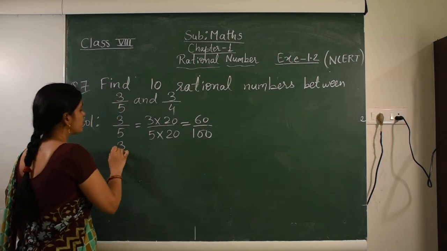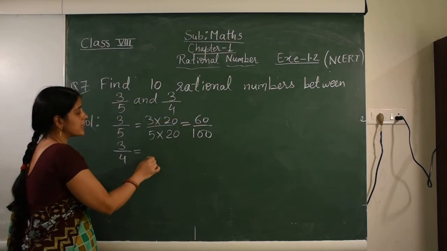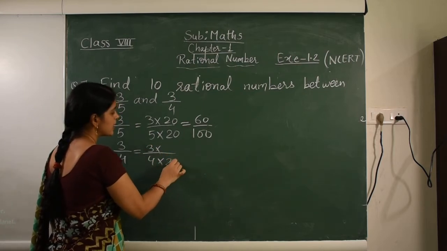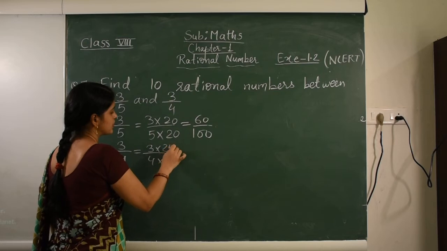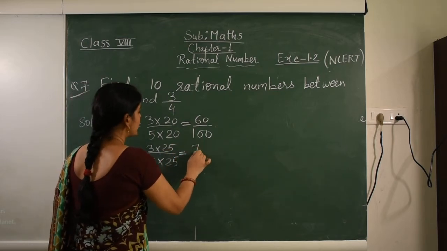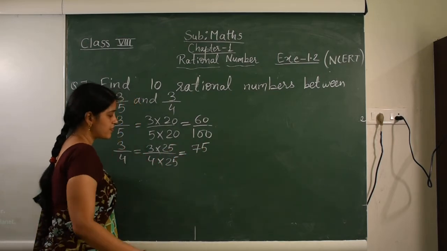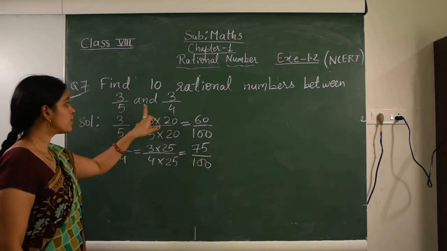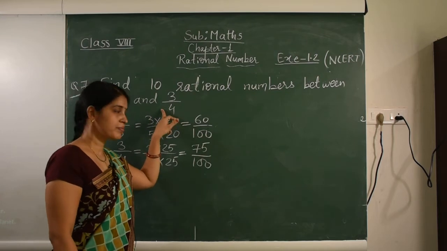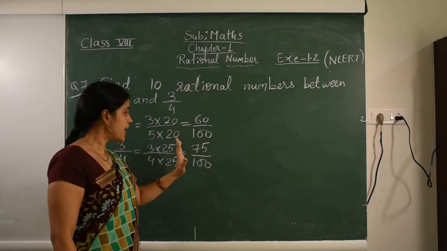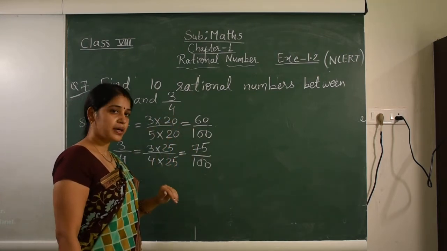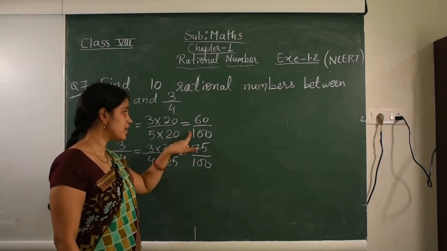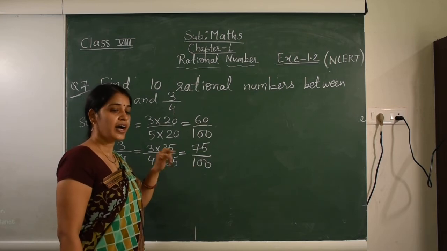Now 3 upon 4, the second rational number, is multiplied by 25. So 25 3s are 75 and 25 4s are 100. Here we have not taken their LCM. We have multiplied directly by some big number, but their denominators should be the same. Here also 100 and here also 100.